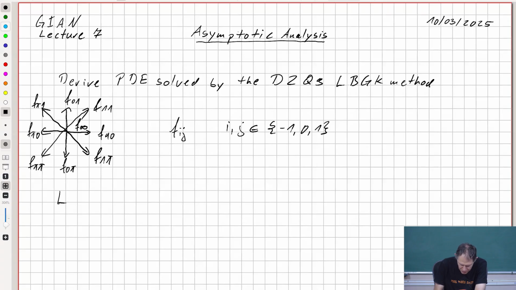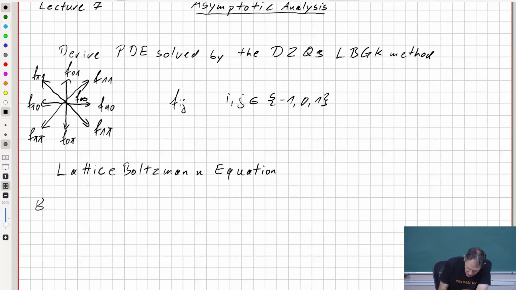So we start from the lattice-Boltzmann equation, which we term now 8.1.